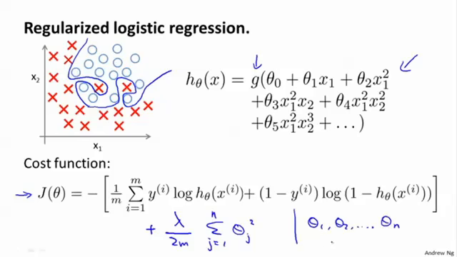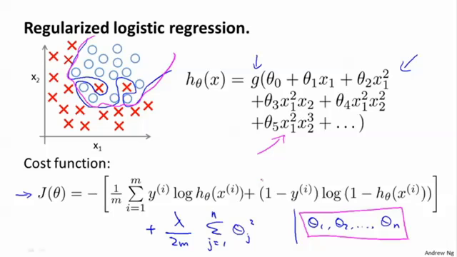If you do this, even though you're fitting a very high order polynomial with a lot of parameters, so long as you apply regularization and keep the parameters small, you're more likely to get a decision boundary that looks more reasonable for separating out the positive and the negative examples. So when using regularization, even when you have a lot of features, regularization can help take care of the overfitting problem.